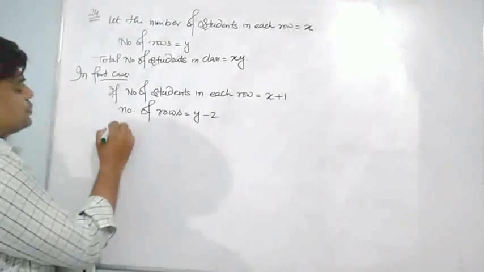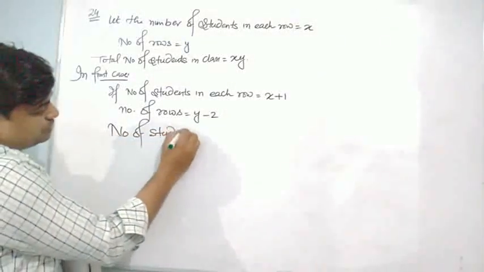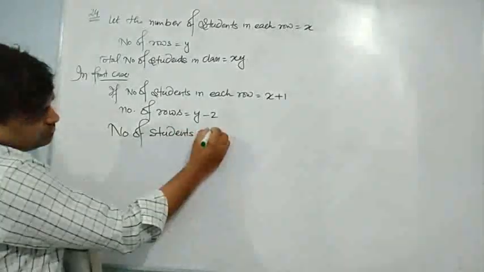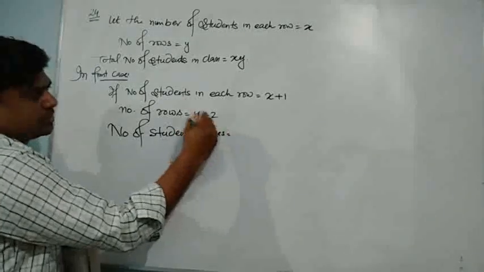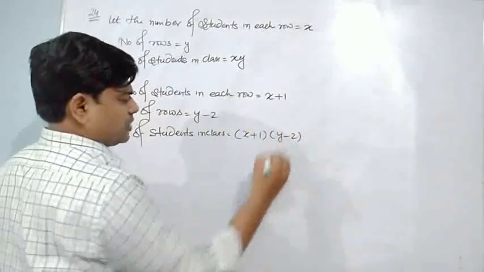What should be the number of students? That can be written as x plus 1 into y minus 2.